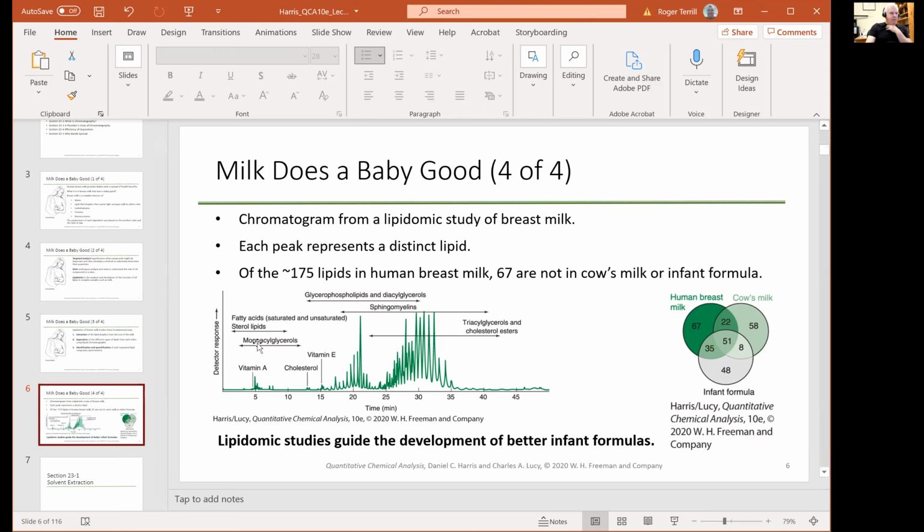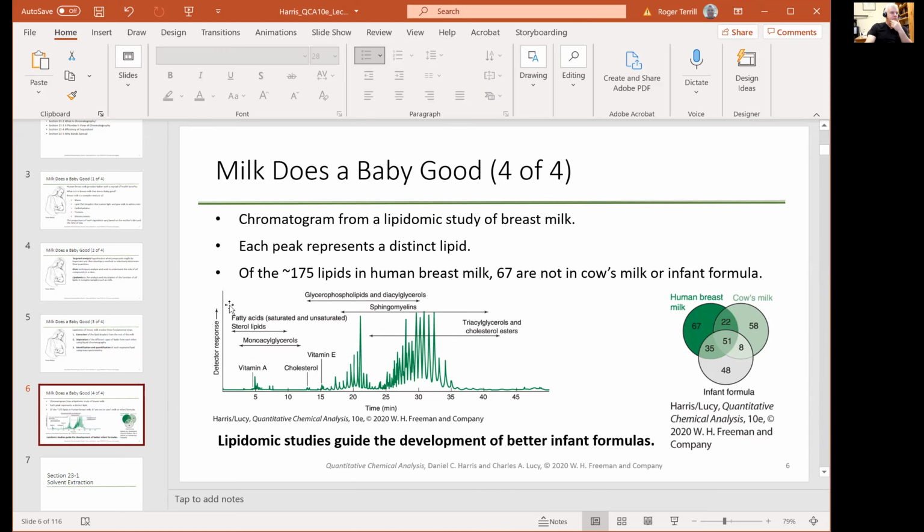Not really here or there, but these are all the lipids that you find in breast milk: vitamin A, cholesterol, vitamin E, and then heavier lipids, which are lipid-derived proteins and things of that nature, and each of them produces a distinct peak in the chromatogram.